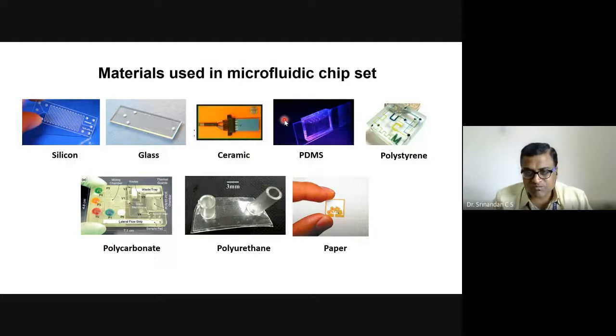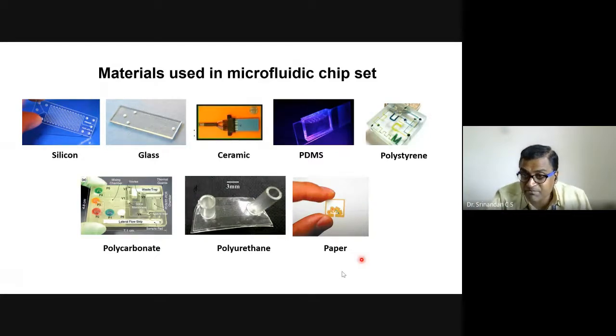And what kind of material do you make the chip from? Mostly silicon is used, and PDMS they call it. It's a very cheap device. Otherwise, you can make it on glass, ceramic, polyurethane, polycarbonate like this.